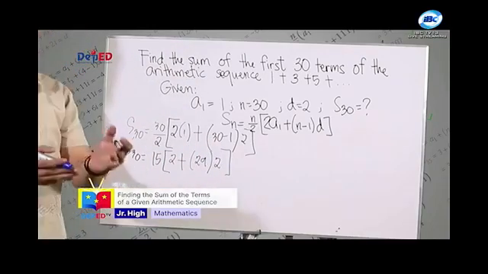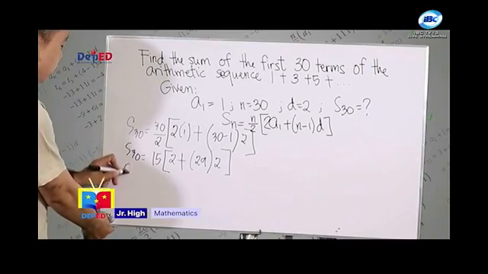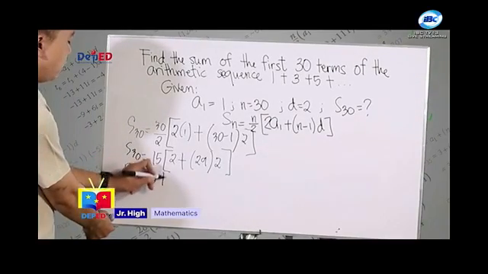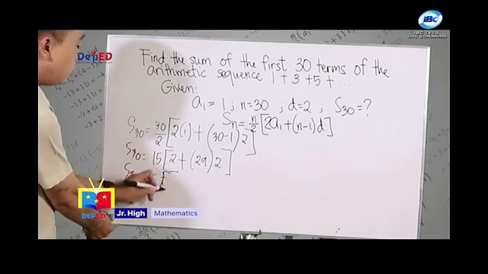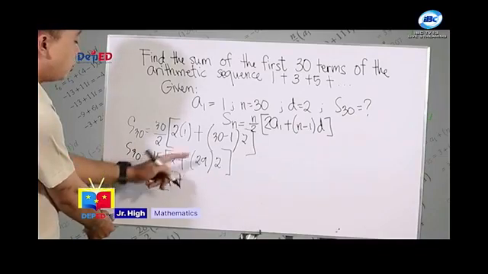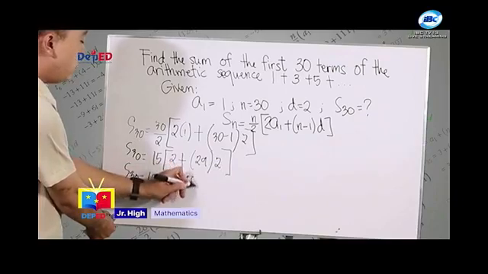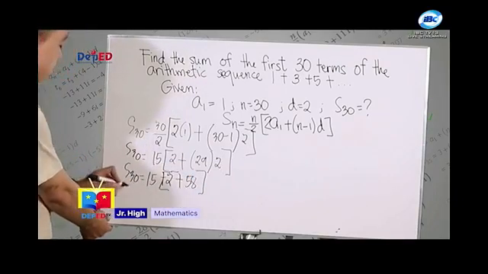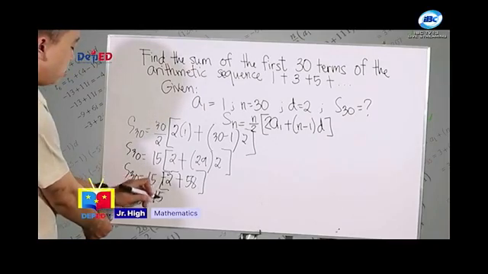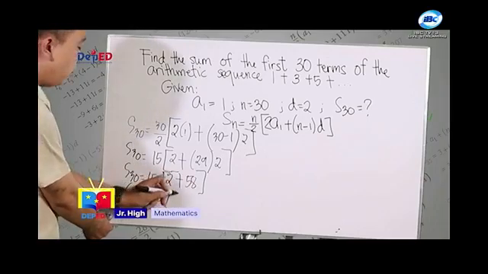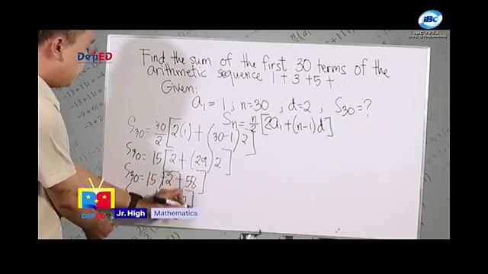Moving forward, we will have S sub 30 is equal to 15 times the quantity 2 plus 29 times 2 is equal to 58. S sub 30 is equal to 15 times the quantity of 2 plus 58, that's 60.